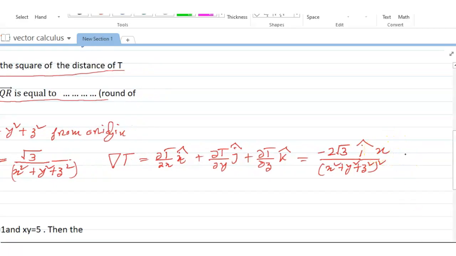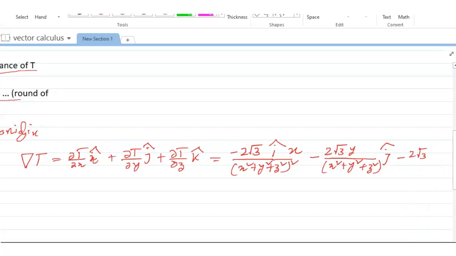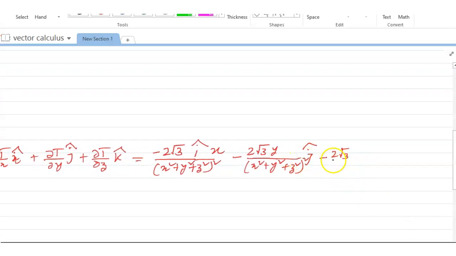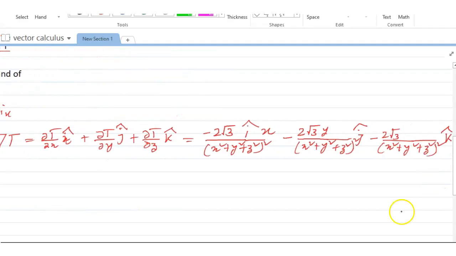Similarly, when we take the derivatives, ∂T/∂y is minus 2 root 3 y over (x² plus y² plus z²) whole square into j cap, and minus 2 root 3 z over (x² plus y² plus z²) whole square into k cap. This is our total value.